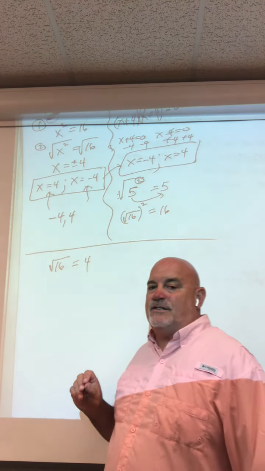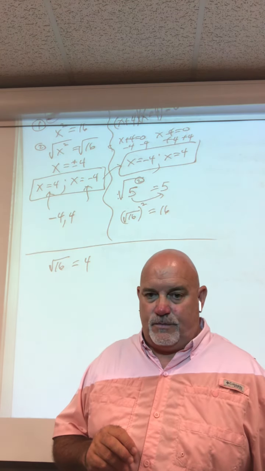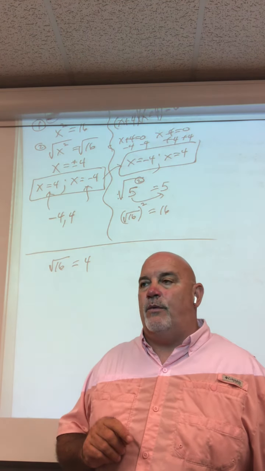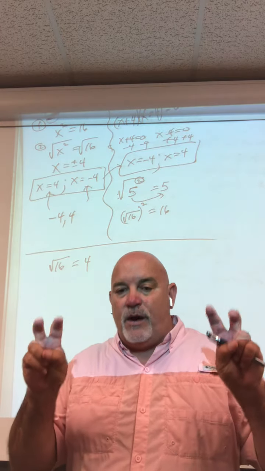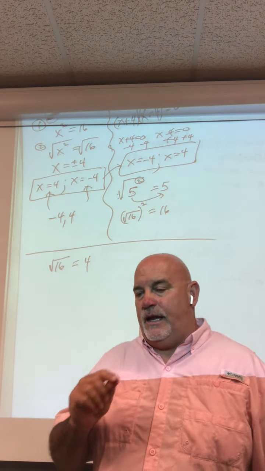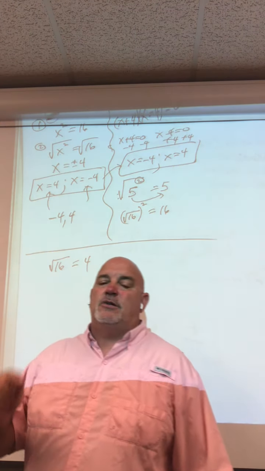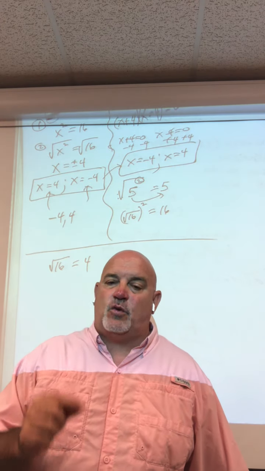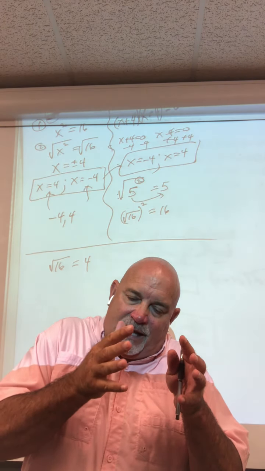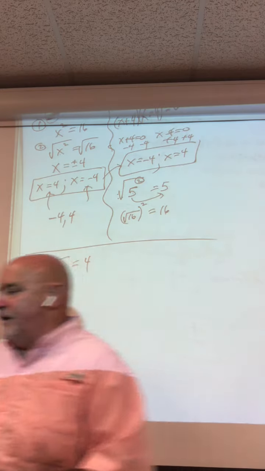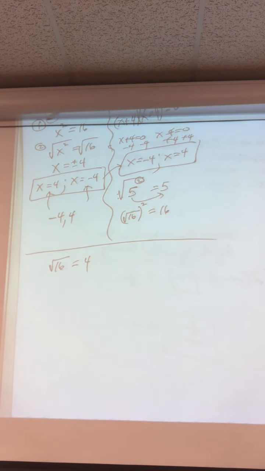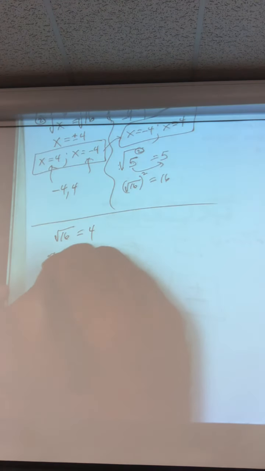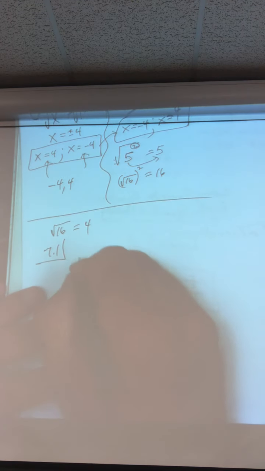In mathematics, there's 2 kinds of square roots. The first kind of square root is what we call a principal square root. And here's what that means. A principal square root is a square root that is already on the page for you. For instance, you will remember in chapter 7, 7.1, we did problems like this.